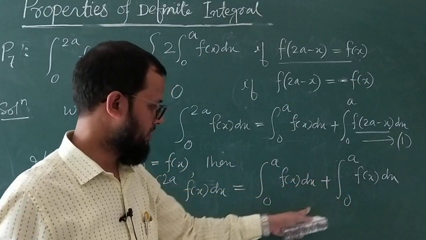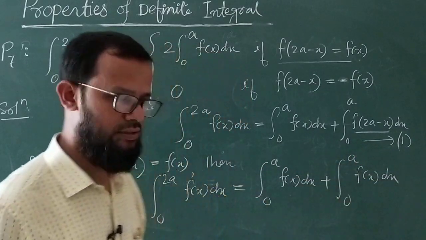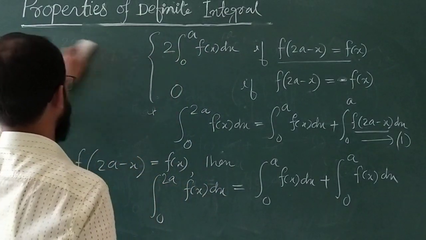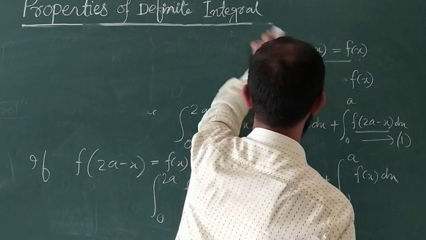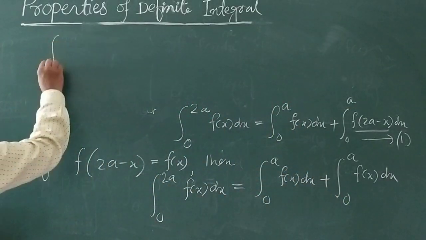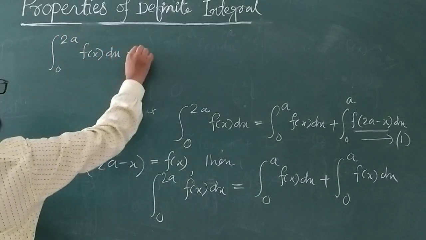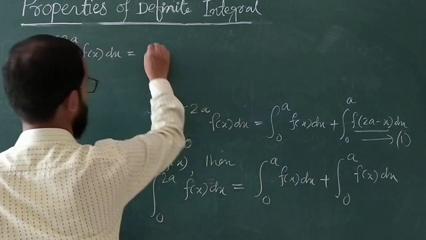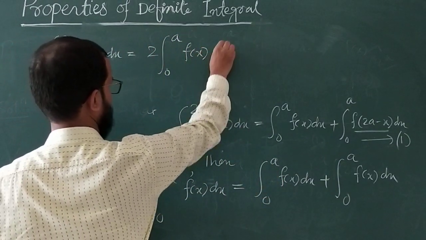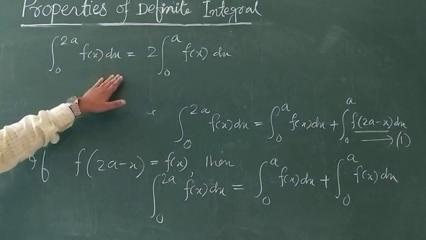So if you consider this is your x, then this will be x, so x plus x is equal to twice x. So 0 to twice a fx dx can be written as ultimately 2 into integration 0 to a fx dx. So the first part of the property has been proved.